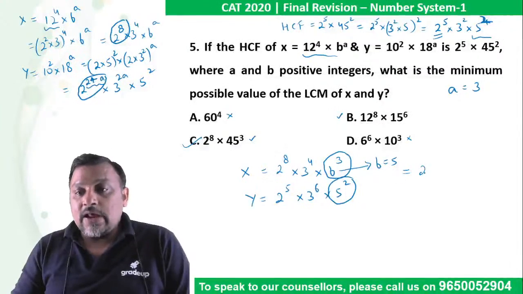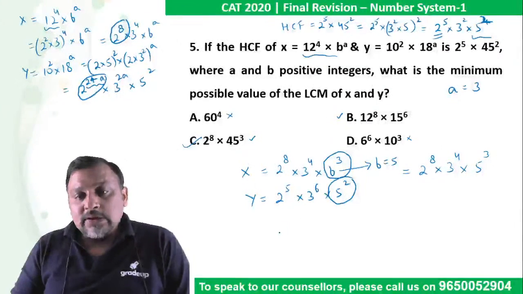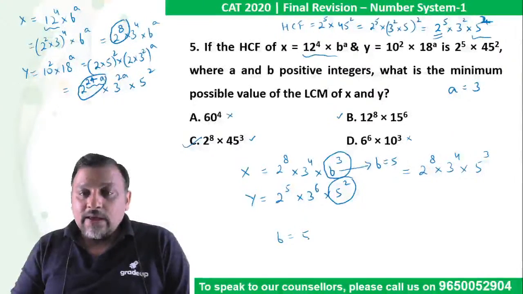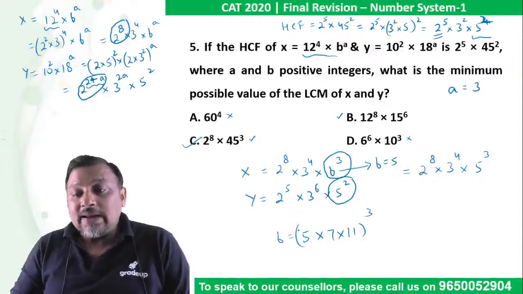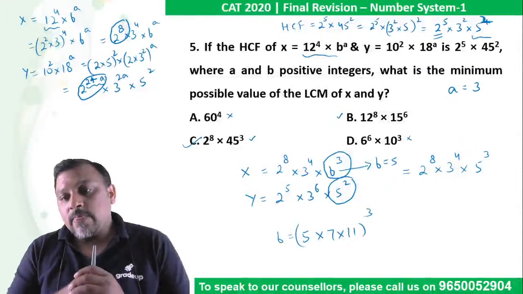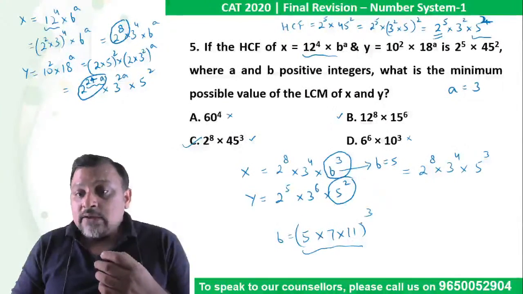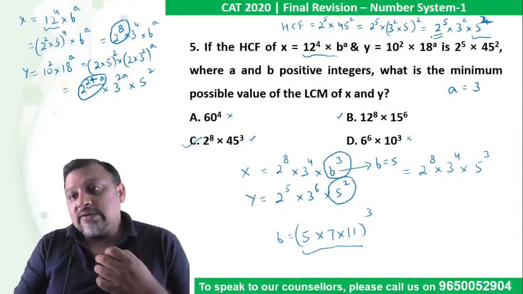So this is the value of x, 2 raised to the power 8, 3 raised to the power 4 into 5 cube. Though B can be this also, B can be 5 into 7 into 11 raised to the power 3. B can be anything but a multiple of 5. Okay. Because even if I have this as the value of B, then also the HCF will remain this much.